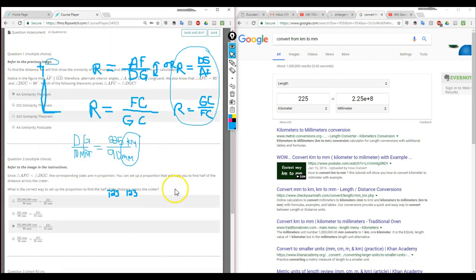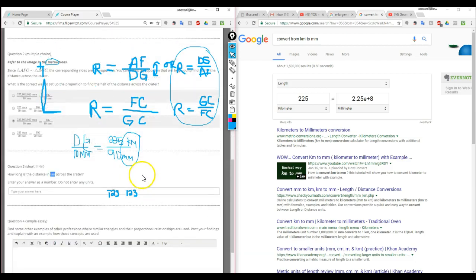Okay, so in order to solve for the length of DG, we need to multiply by 10. Since it is in the denominator, we're going to use the multiplication property. So we're actually using a reciprocal, times 10 millimeters on both sides.